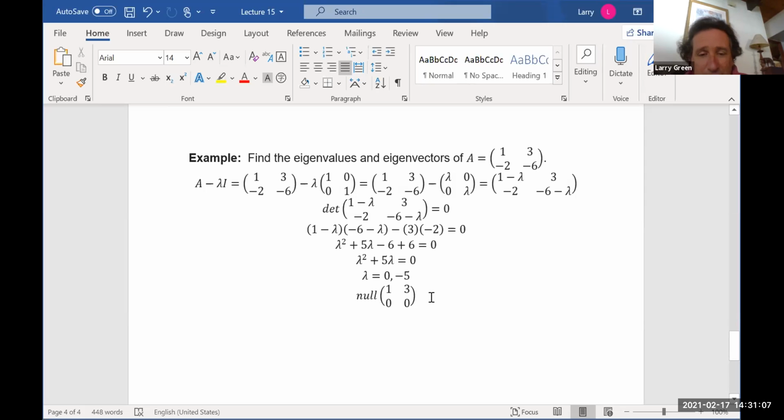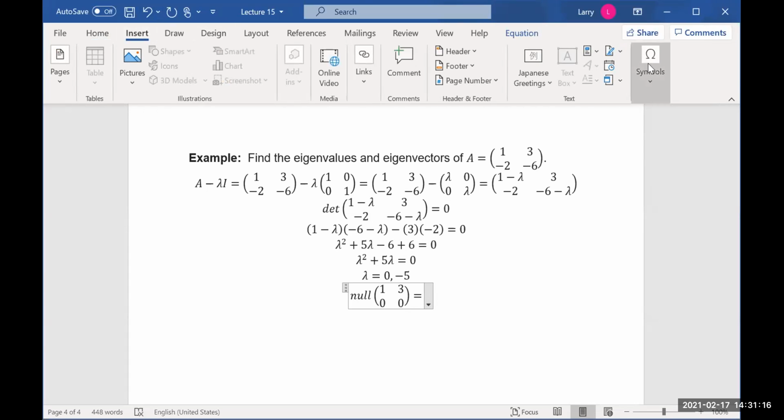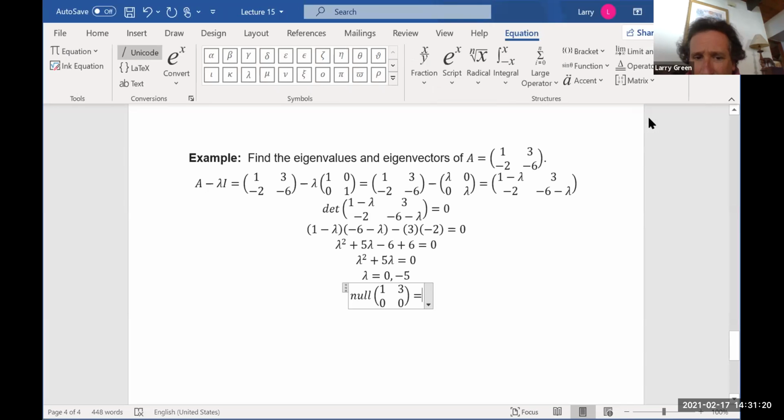What's the basis for the null space? 1, 0? No, that doesn't work. If I multiply this matrix by 1, 0, I don't get 0, 0.